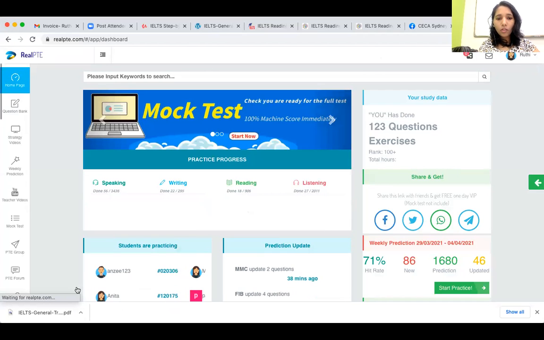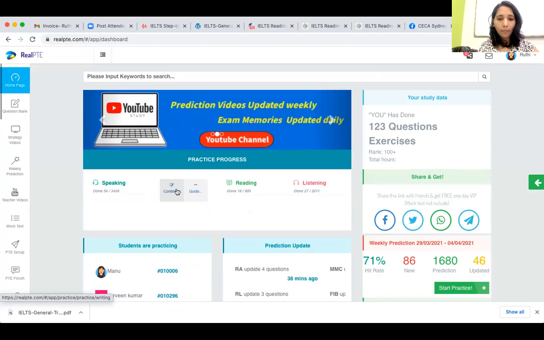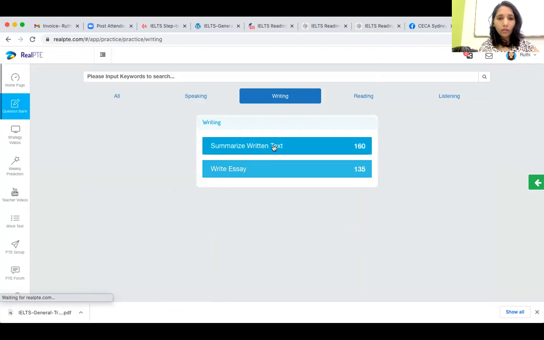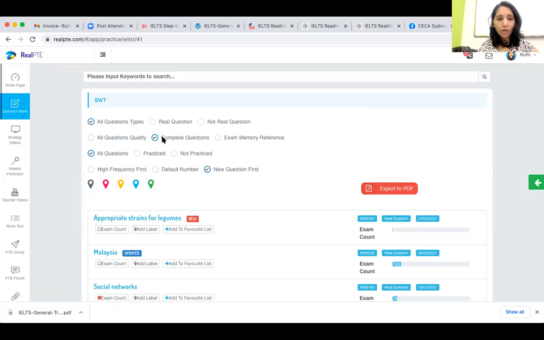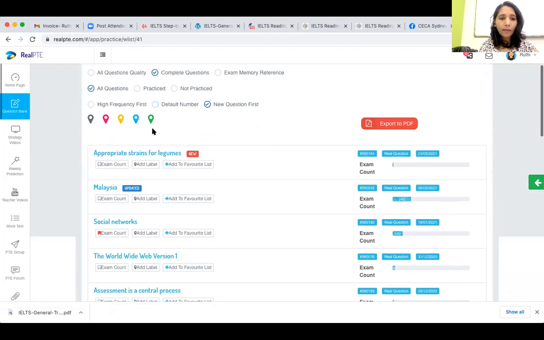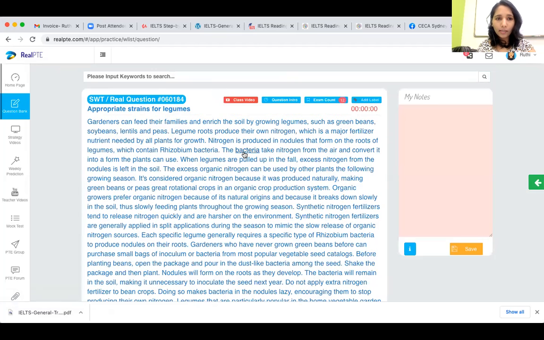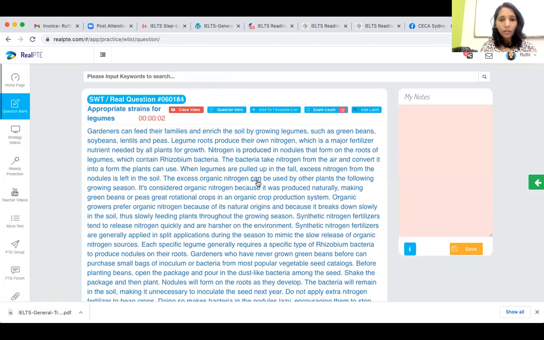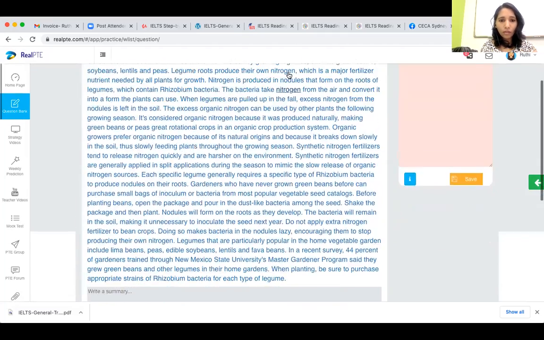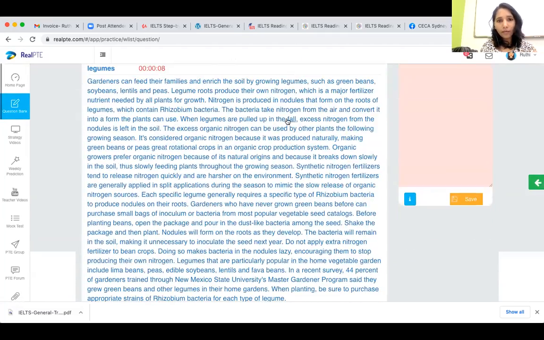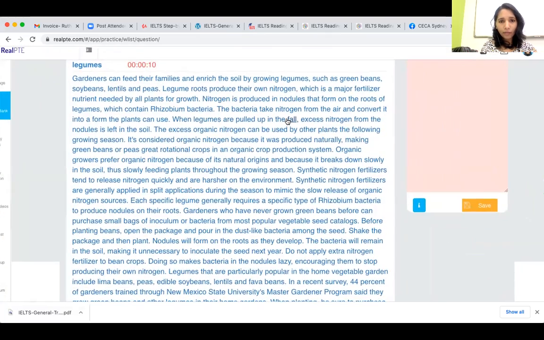So this is what the website looks like. So I choose the writing module here. So it's got all the 4 modules. Then I choose the question type that I'm going to practice, which is summarize written text. Now, if I'm attempting this question type, it has about 1 paragraph. It doesn't have more than 1 paragraph, okay?